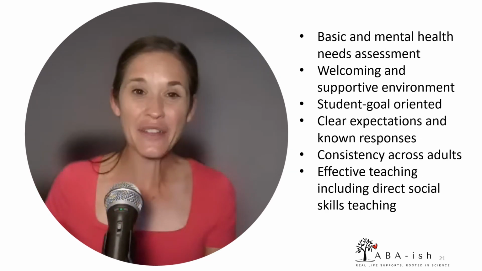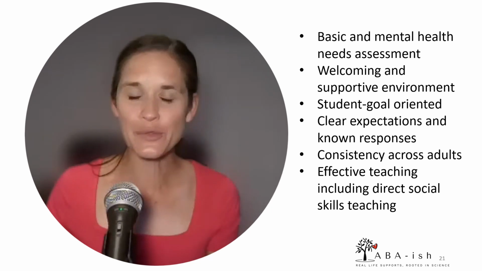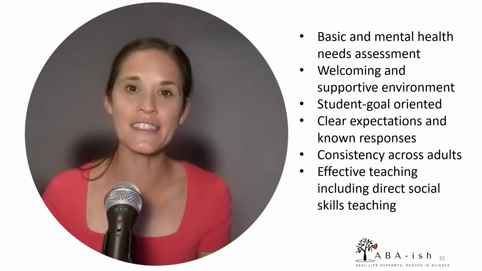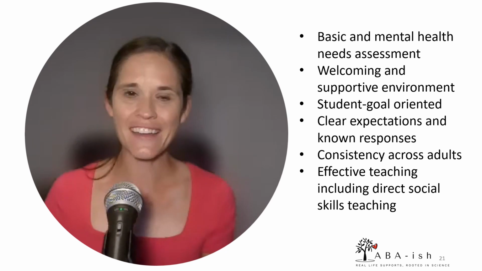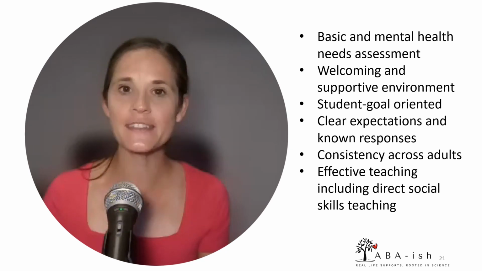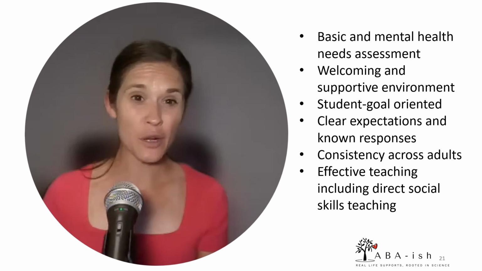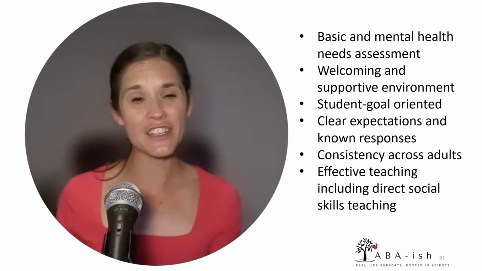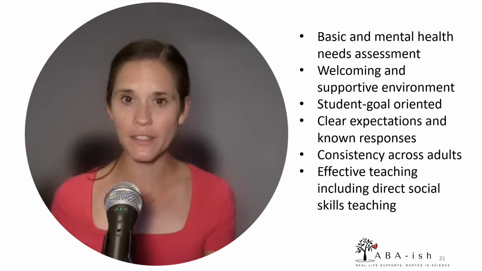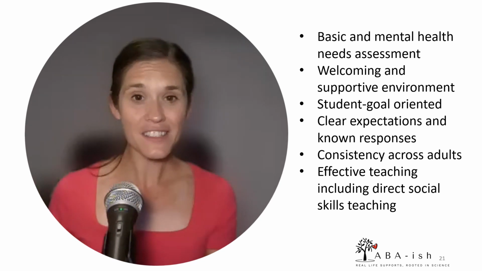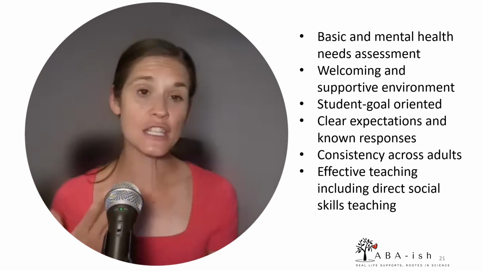Okay, so to quickly recap, when you have a student with those really complex behavior functions, you need to make sure that you're focusing on those basic and mental health needs assessments. You're having a welcoming and supportive environment. You're supporting student goal exploration and then making sure that everything you do is oriented towards those goals. That as a consequence, you have clear expectations and known responses.